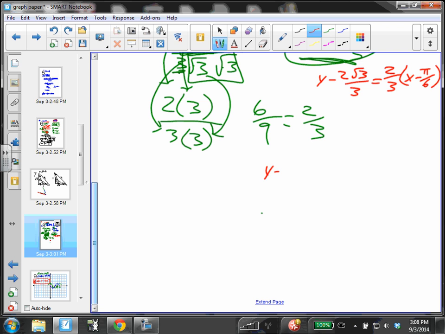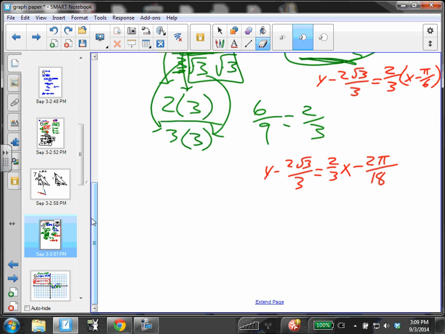Okay, so y minus 2 square roots of 3/3 is equal to 2/3 x minus, and do top times top, so 2 times pi makes 2 pi, and 3 times 6 makes 18. Okay, so I'm going to simplify this fraction in the back before I move on.